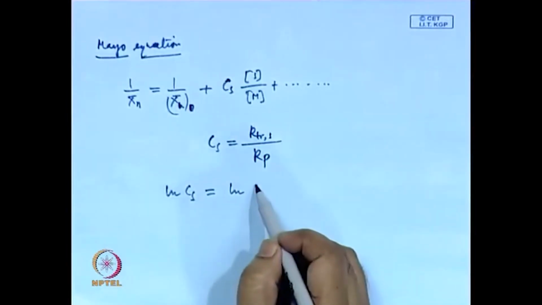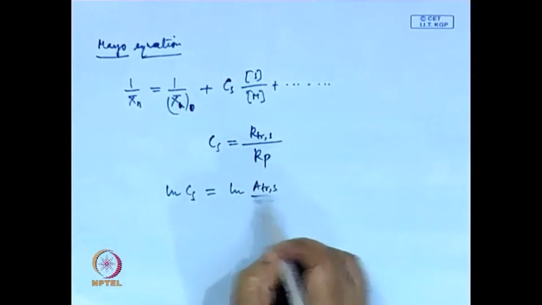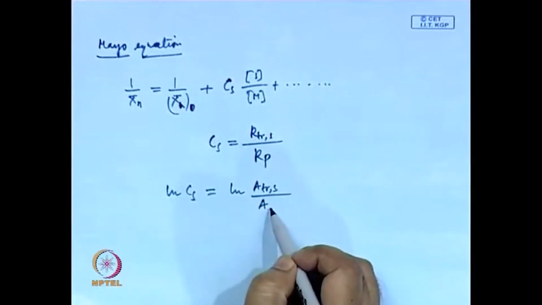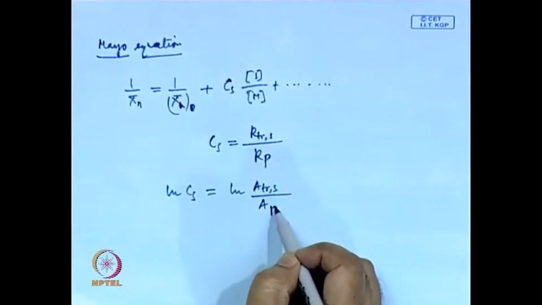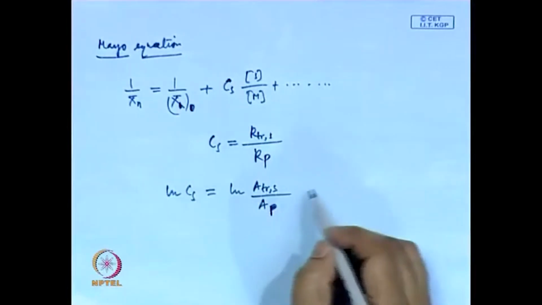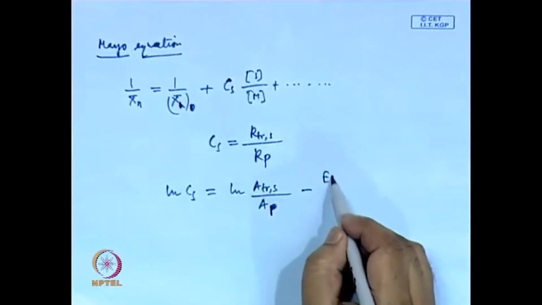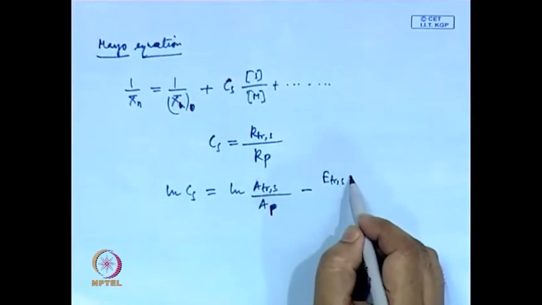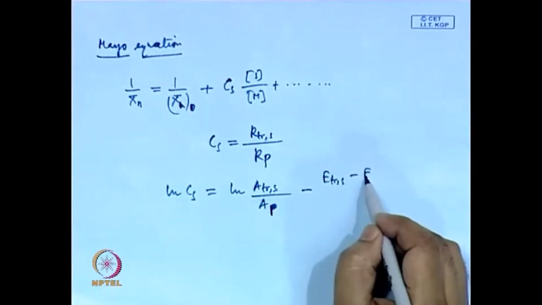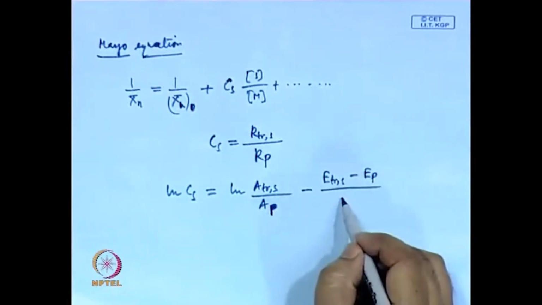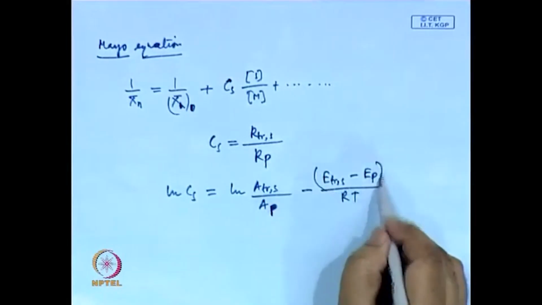So, we can again write the same Arrhenius equation and write ln Cs, similar to the earlier cases. Okay.